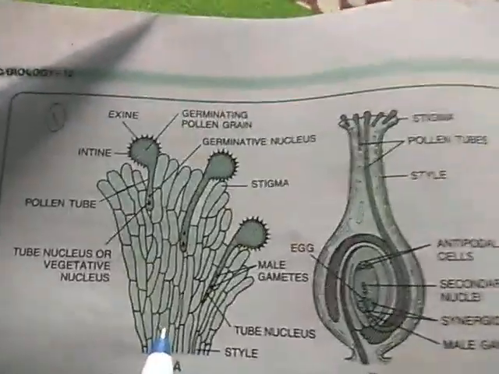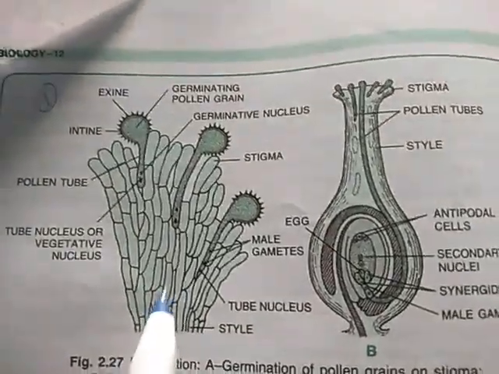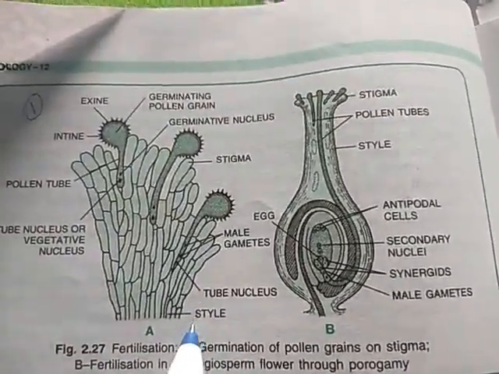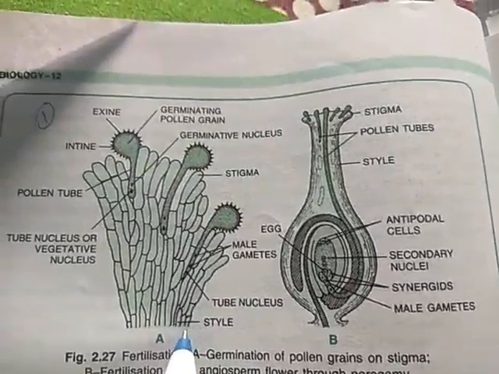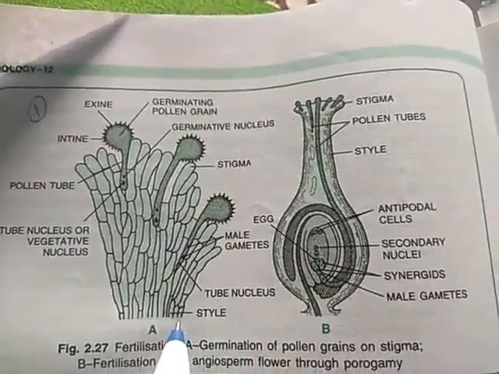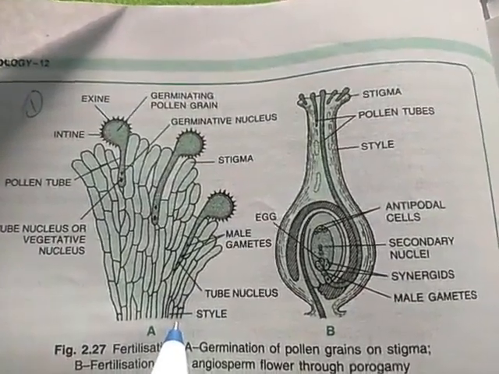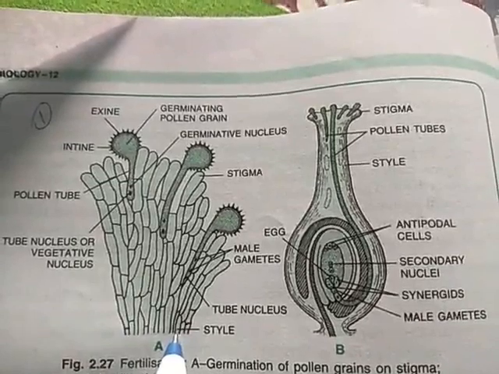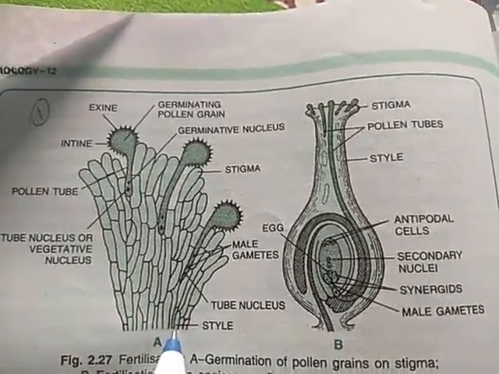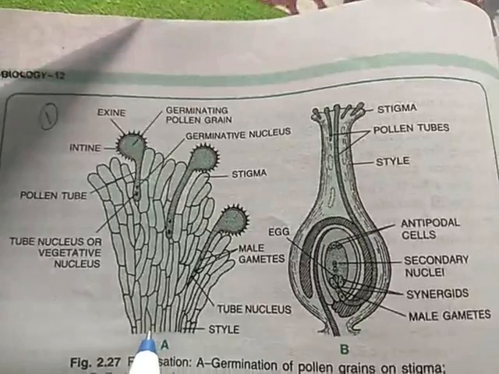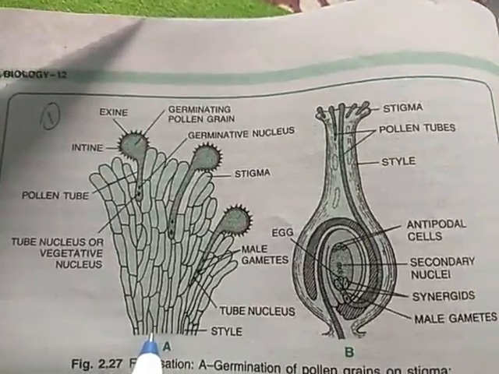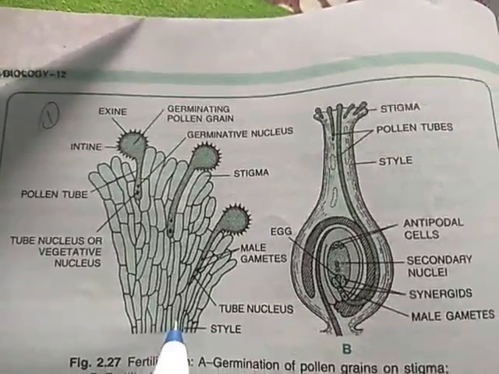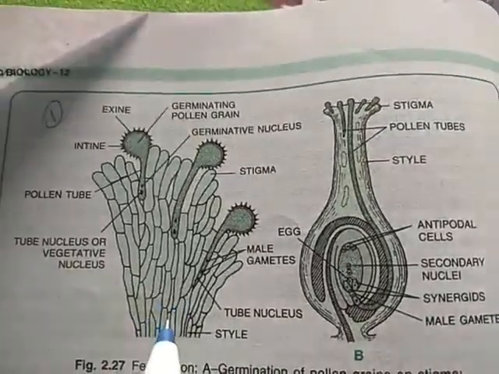Now, children, there is one more very important thing: this diagram which I am showing you is basically the practical for class 12th children. They have a slide preparation of pollen germination. It could be in spotting or it could be in slide preparation. So you have to make this diagram when you will have the practical.